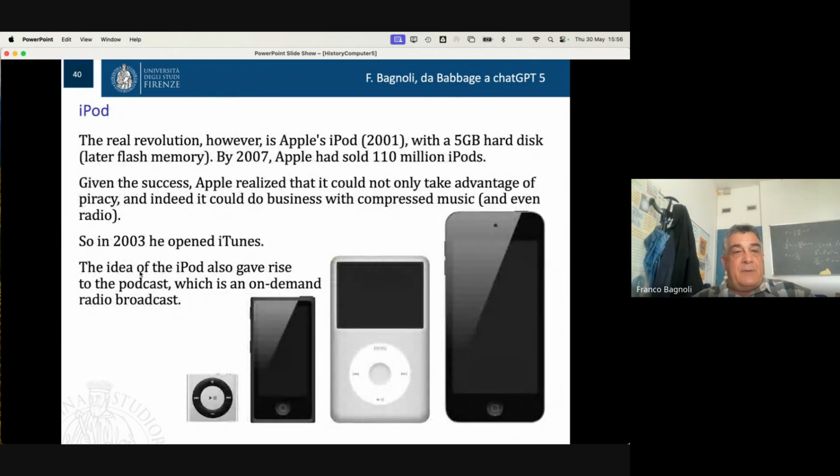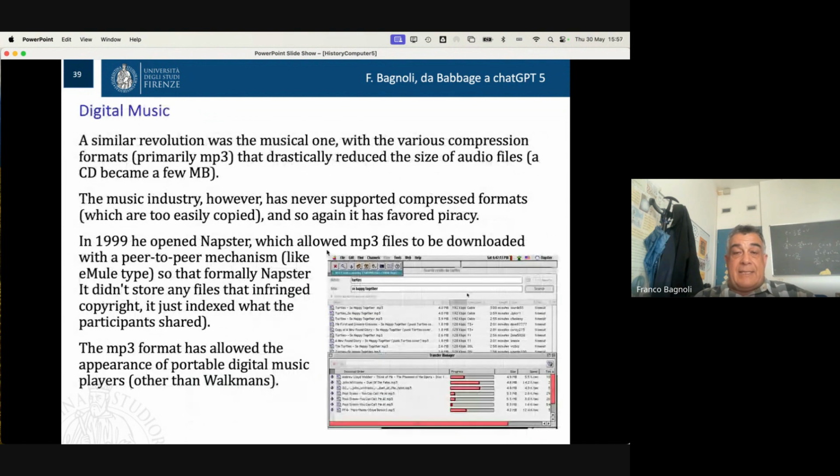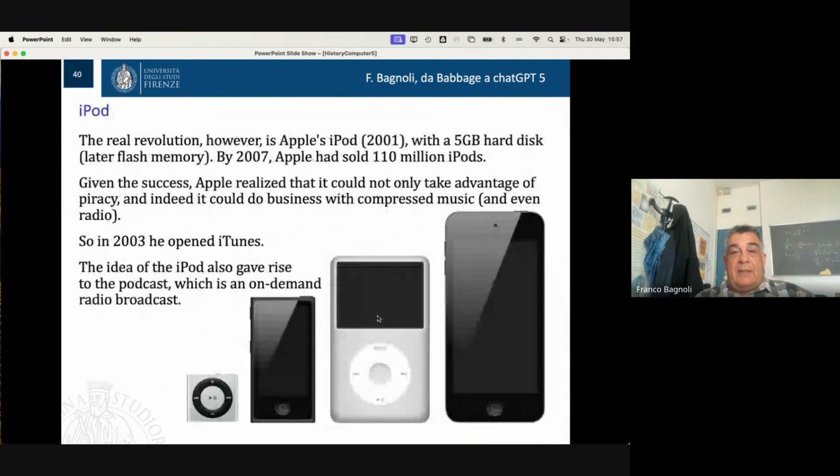And clearly, Apple was the first to understand that instead of fighting against these systems that allowed people to listen to virtual files, it could constitute a new market.